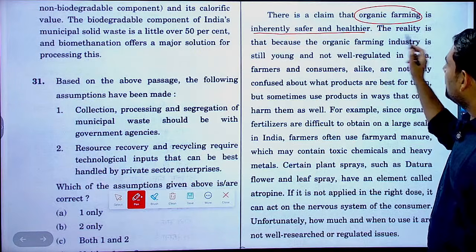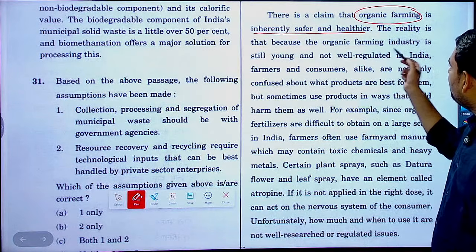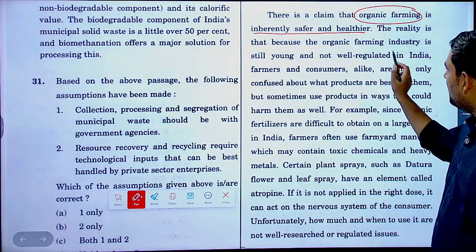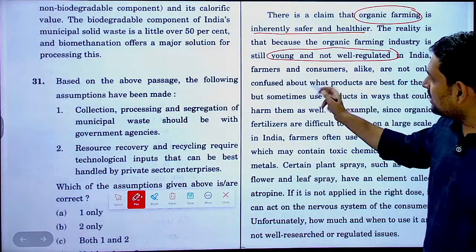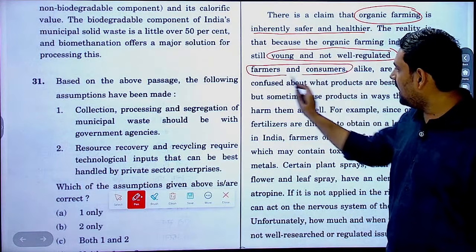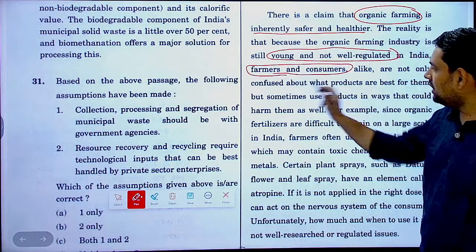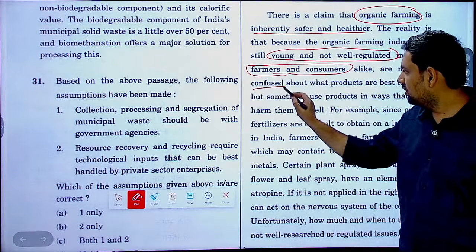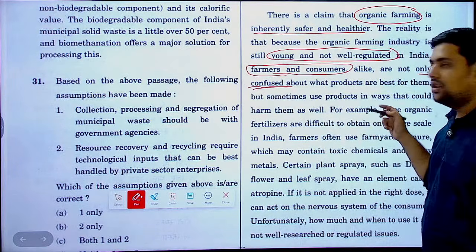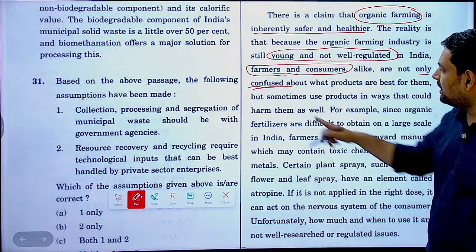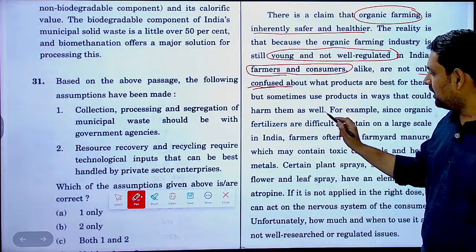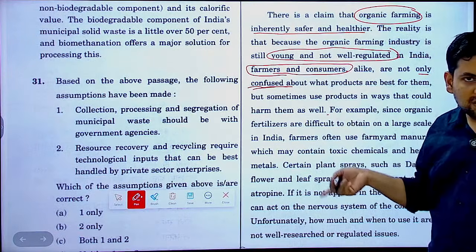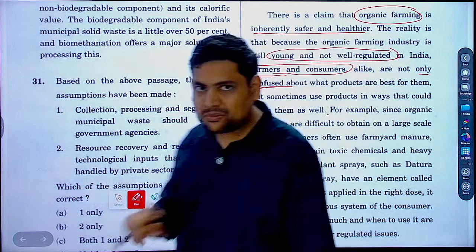Okay, then the reality is that because organic farming industry is still young and not well regulated in India, farmers and consumers alike are not only confused about what products are best for them, but sometimes use products in the way that could harm them as well. Correct? Till now, what is the passage talking about? It is talking about farmers being unguided.